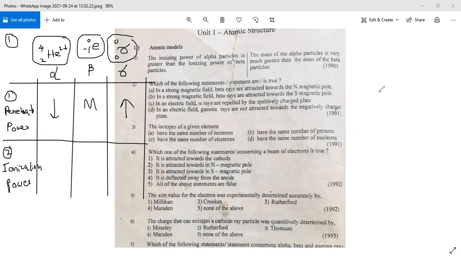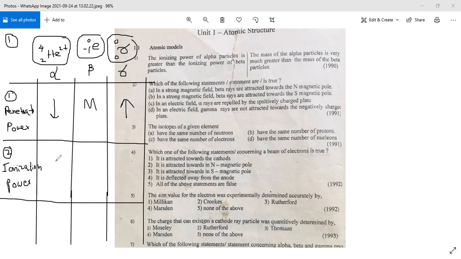So ionization power increases if it has a higher momentum. If the particle is big, it can have more effect on another particle in the collision.